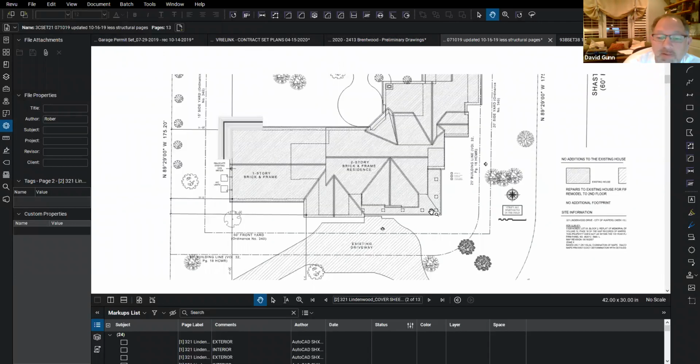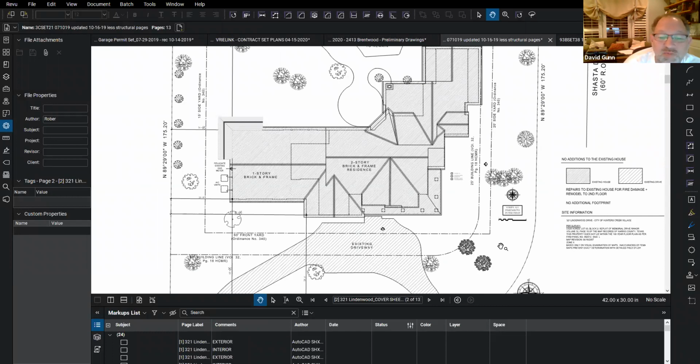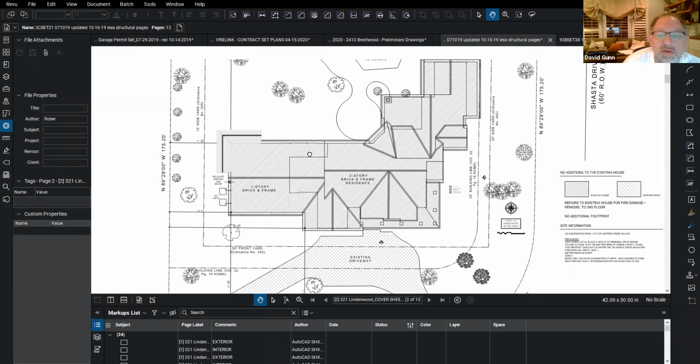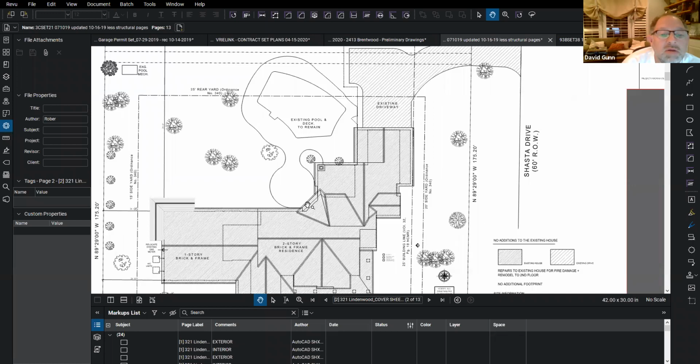This site plan actually also incorporates a roof plan. It's not uncommon that the architect will show the roof plan on the site plan, since they're both kind of a bird's eye view of the property. So we catch that on this drawing as well. They're indicating that there's a pool that remains. They show where the pool equipment sits.